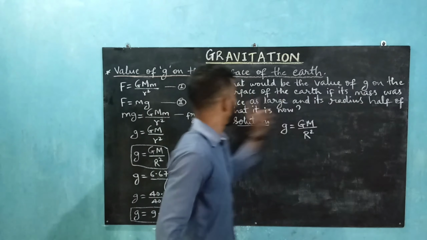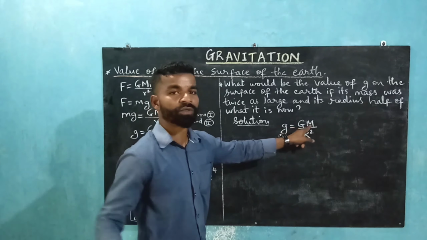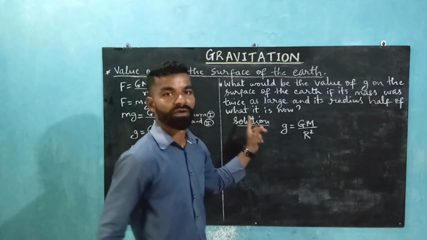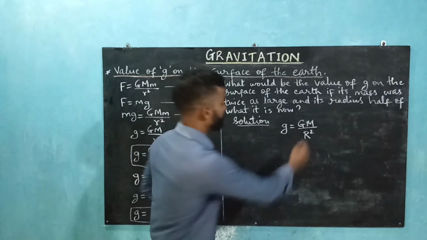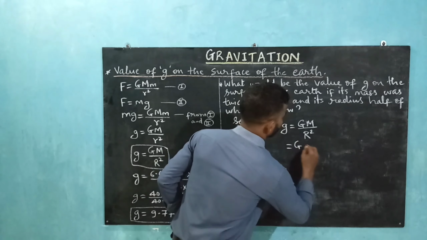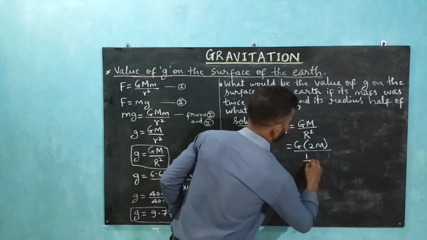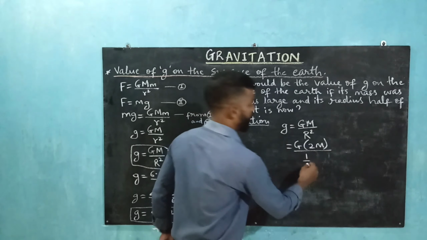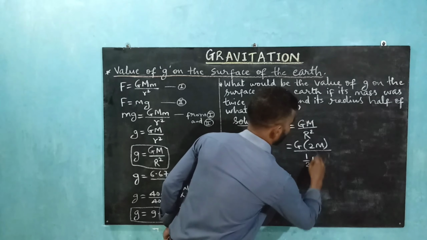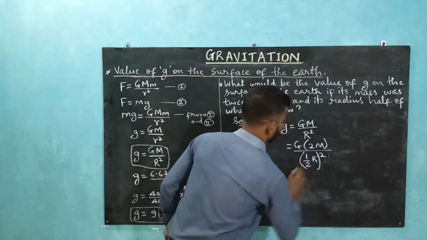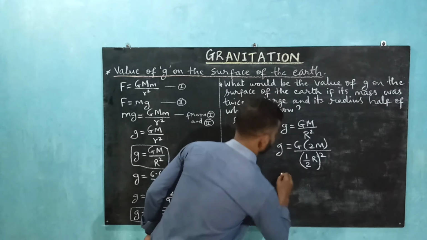If its mass was twice, so M is equal to 2 times M, and its radius is half of what it is now. So we have to substitute that. Mass becomes twice and radius, it is 1 r square right now, becomes half r square.